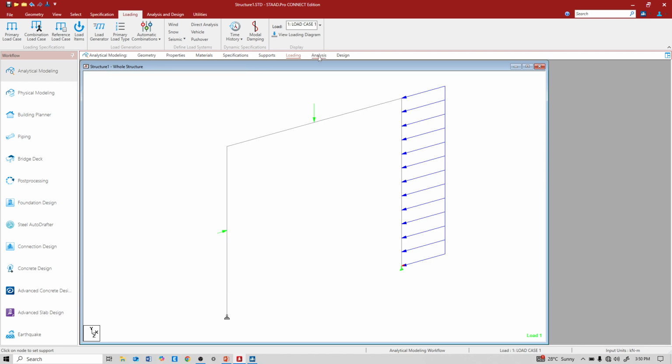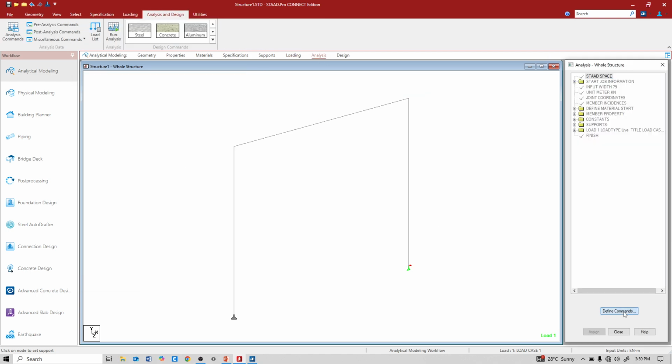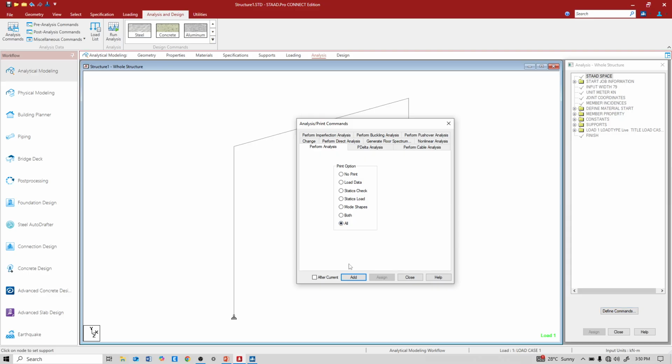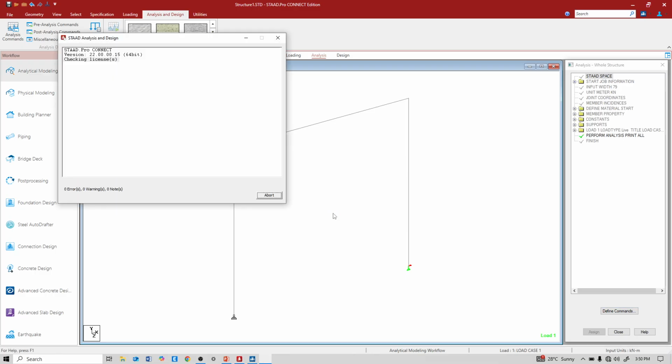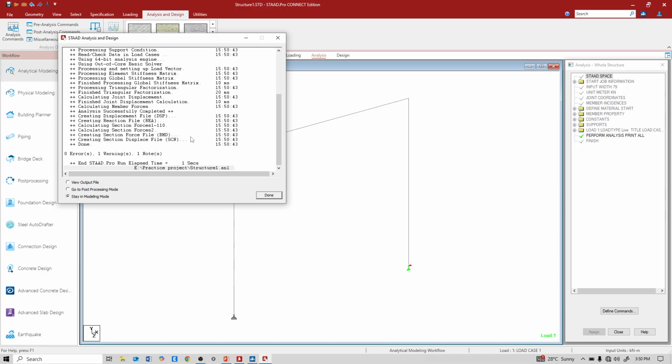Now go to analysis, define command, all. If you don't do this define command, then an error comes. So run analysis, save. So go to post processing, done.